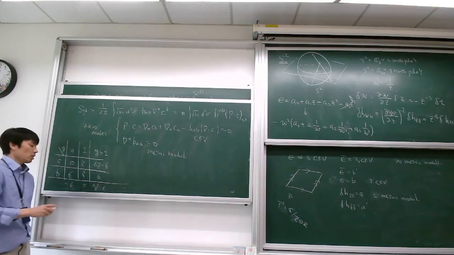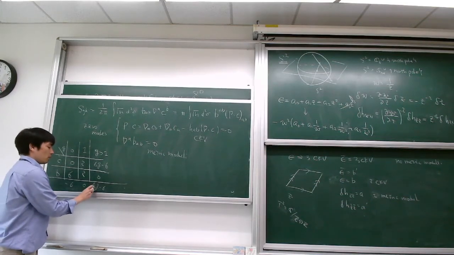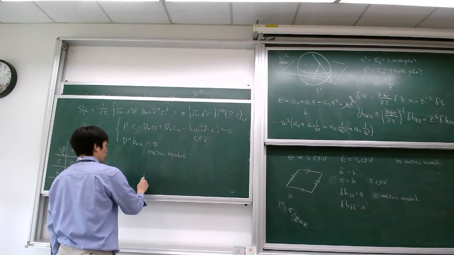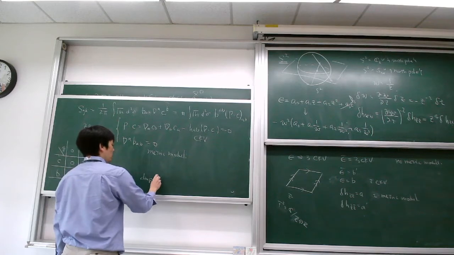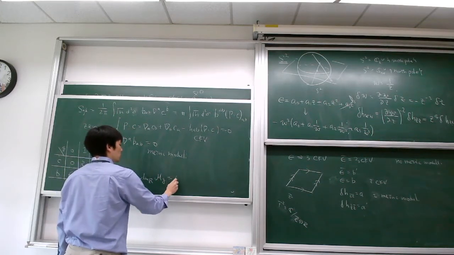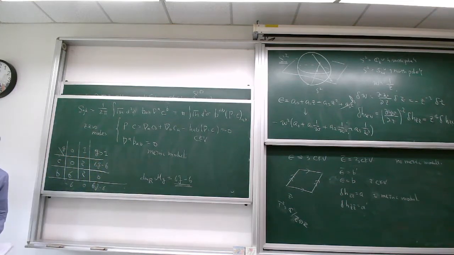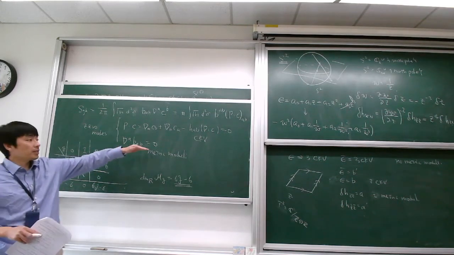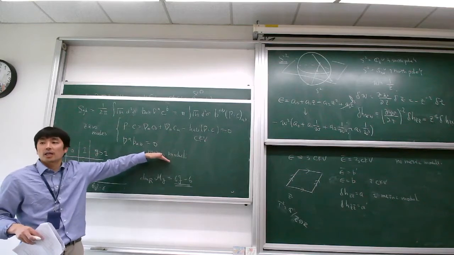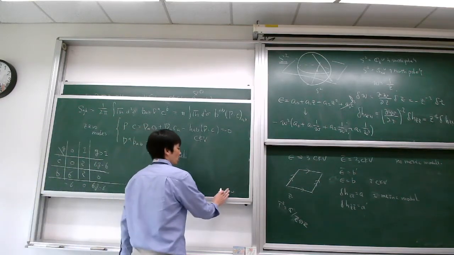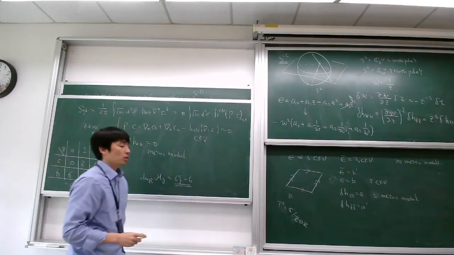So this indeed encodes the dimension of M_G. Understand? So the difference between the conformal Killing vectors and the metric moduli indeed encodes the dimension of the moduli space of Riemann surfaces.